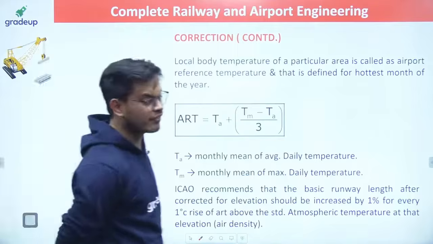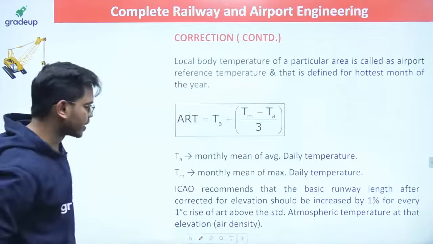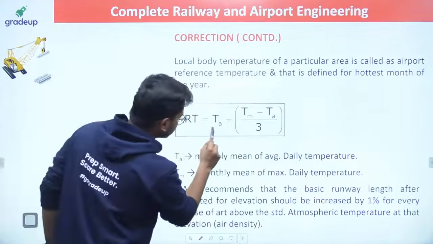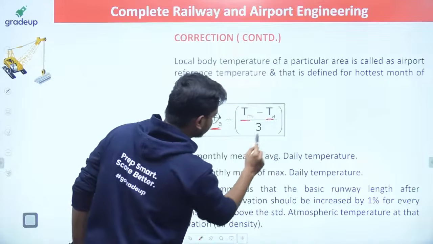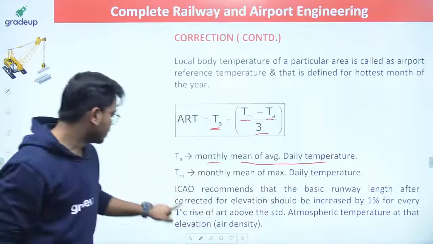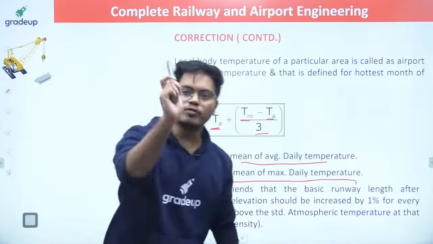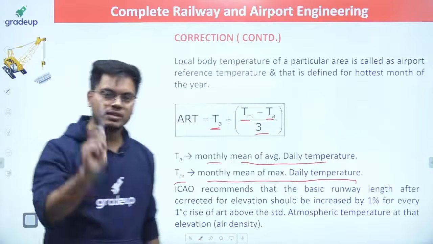It is the airport reference temperature, right? And once you have got the airport reference temperature, see here, it is Ta plus (Tm minus Ta) by 3. Ta is the monthly mean of average daily temperature. Tm is the monthly mean of maximum daily temperature. Don't worry, I will solve a question, and only then will I close the class. So please relax.